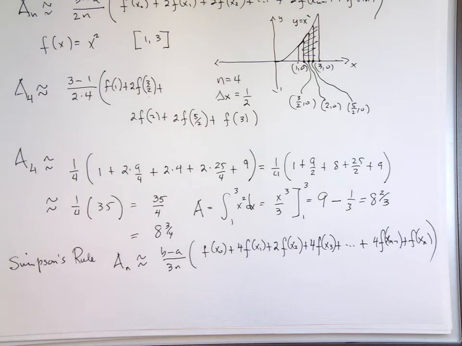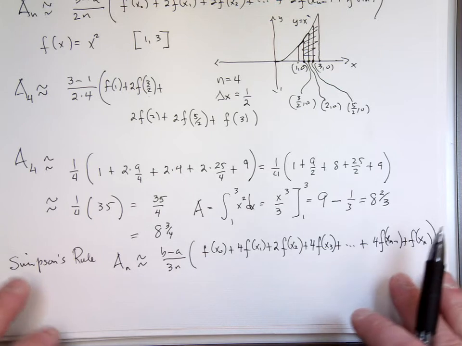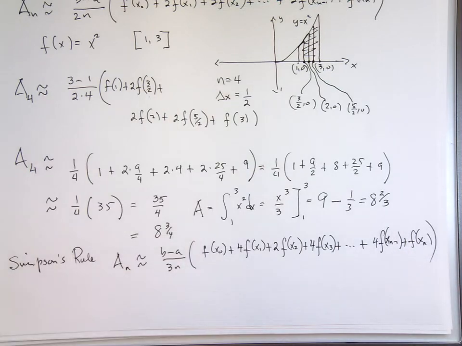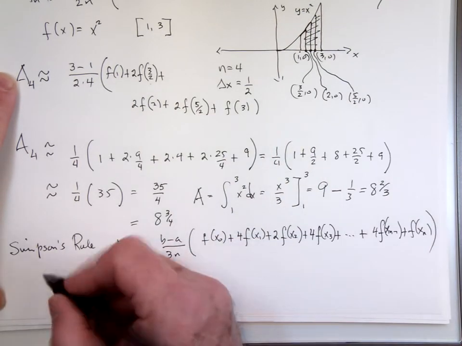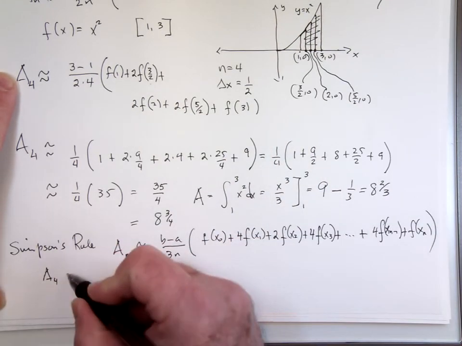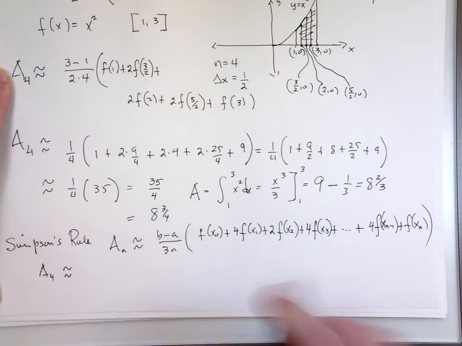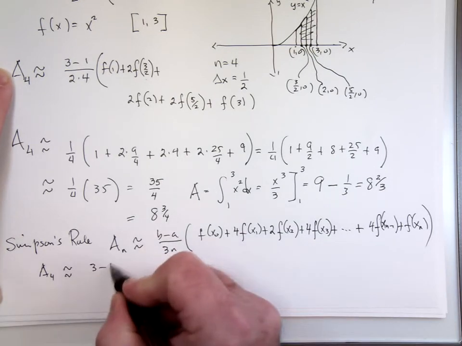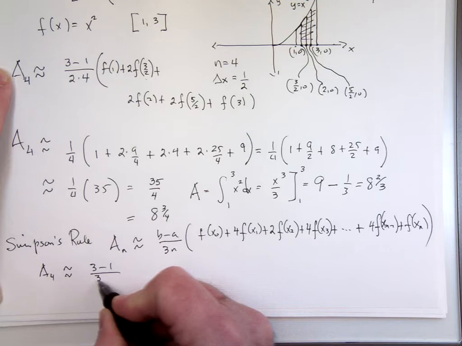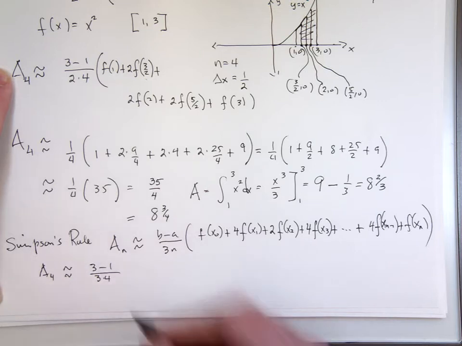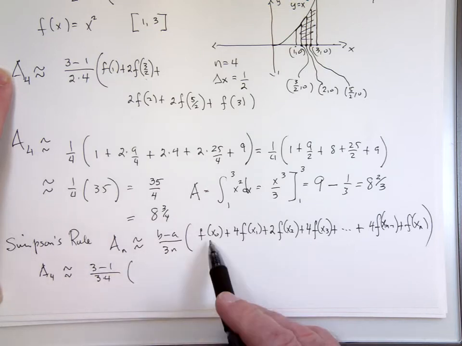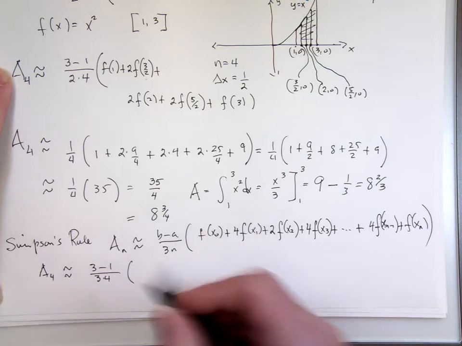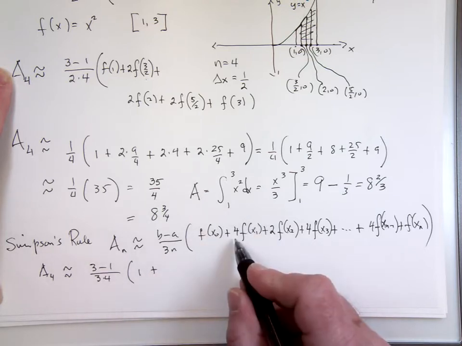No. All right. Anyhow, let's use Simpson's Rule on the same area problem. Let's see how good Simpson's Rule is for this. So for Simpson's Rule, the area with n equal to 4 would be approximately equal to (b minus a), 3 minus 1, over 3 times n, 3 times 4, times f of 1, which is 1, plus 4 f of 3 halves.